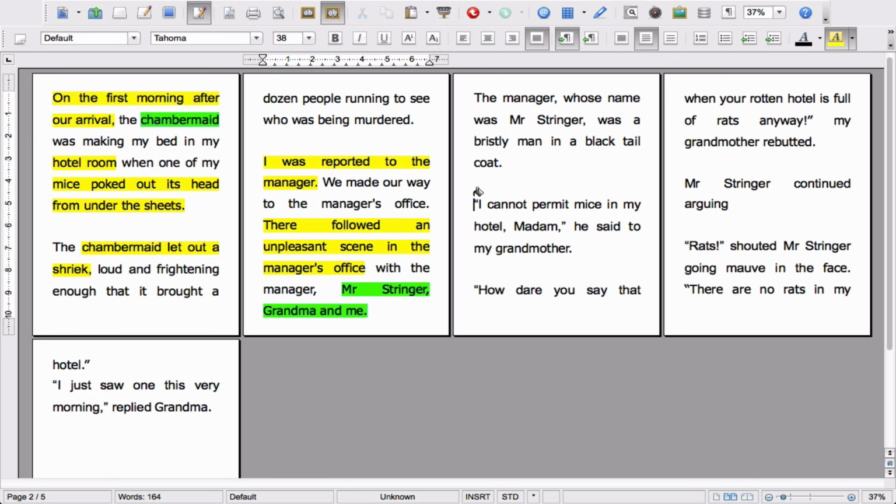The manager complained to my grandmother, "I cannot permit mice in my hotel." To which my grandmother rebutted, "The hotel is full of rats." Mr. Stringer became angry, saying, "There are no rats in my hotel." My grandmother replied, "I just saw one this very morning."